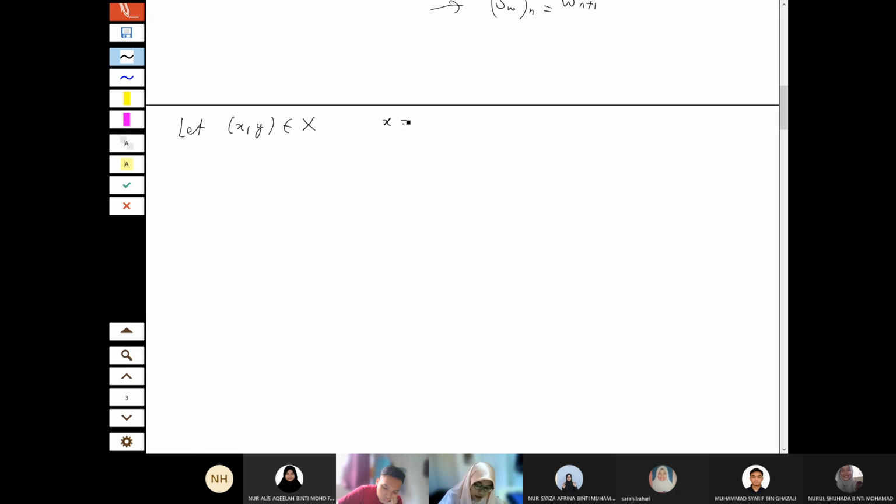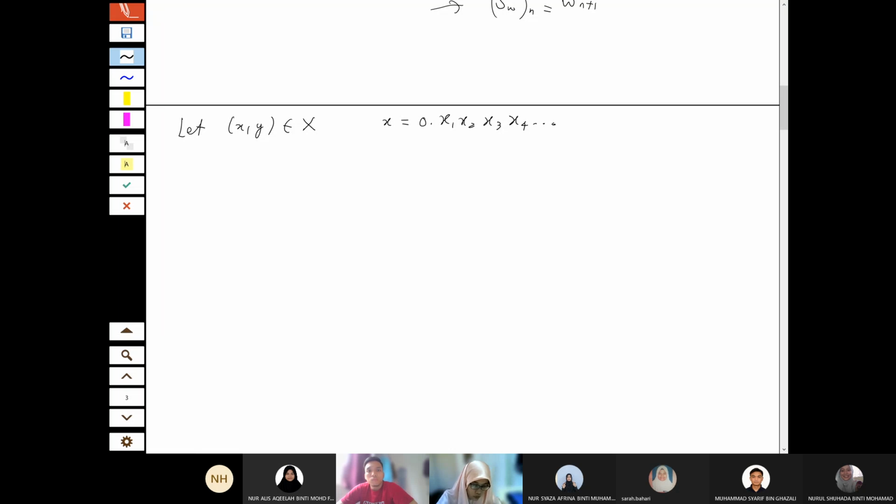For x, we can write 0.x1, x2, x3, x4, and so on. In the previous example we had only x, because there was only a one-sided sequence, but in this case we consider a two-sided sequence.